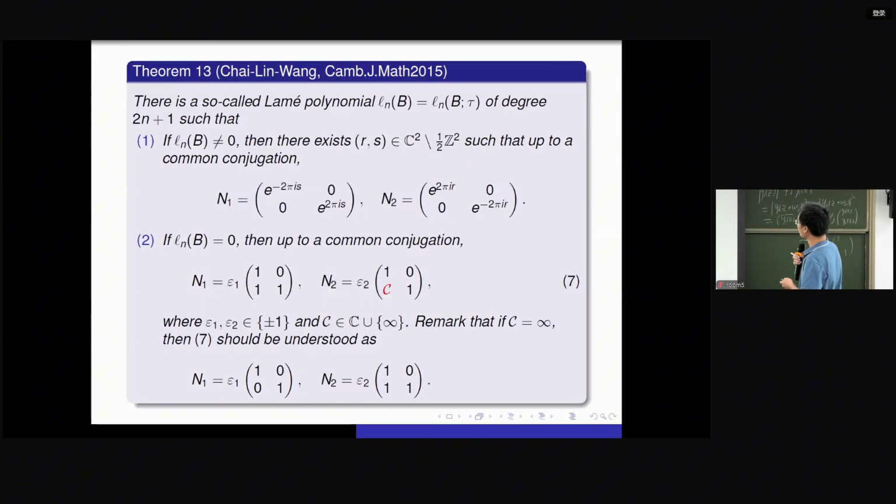Zhijie Chen proved that there is a polynomial, called the Lamé polynomial, of degree 2n plus 1, such that if B is not a zero of this polynomial, then up to a common conjugation, these two monodromy matrices can be diagonalized. If B is a zero, then they cannot be diagonalized simultaneously. Then N1 is in this form and N2 in this form, and here this is a number C. We call this C the monodromy data.